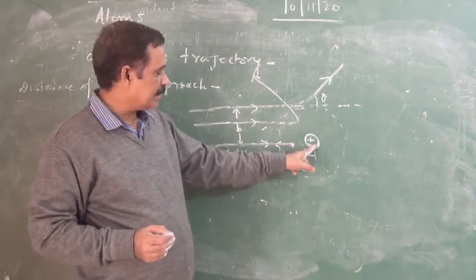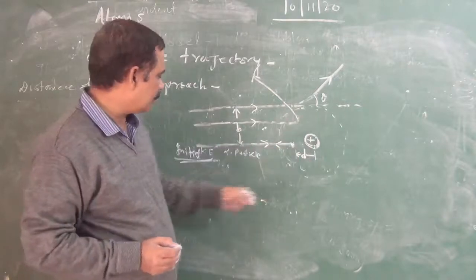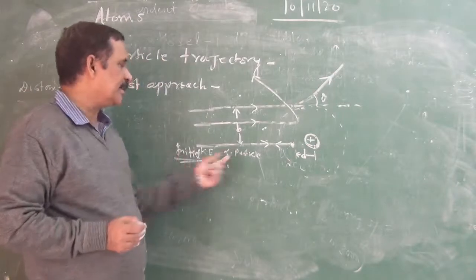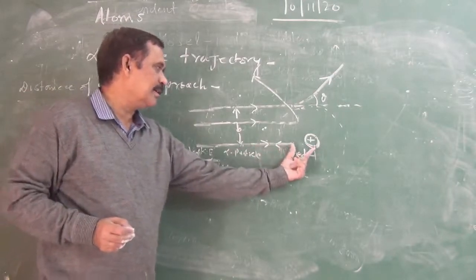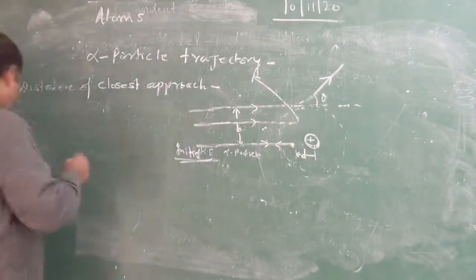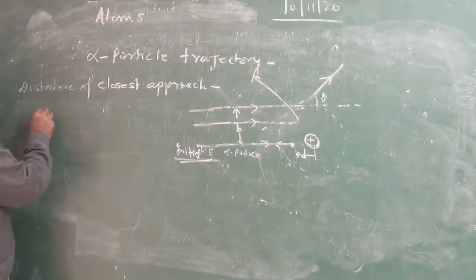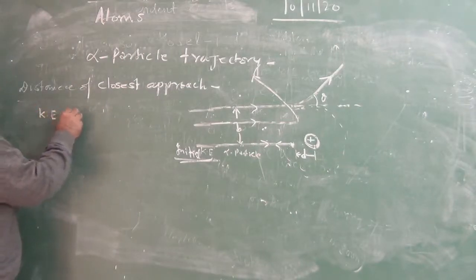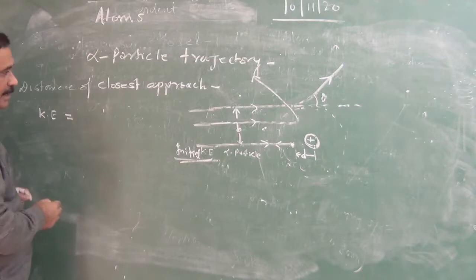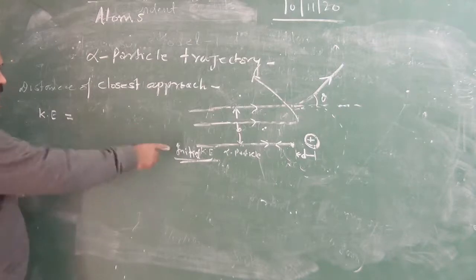Due to the strong repulsive force, this initial kinetic energy is converted into potential energy. So the kinetic energy is equal to the potential energy between the nucleus and the alpha particle.